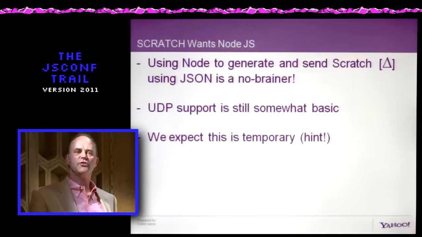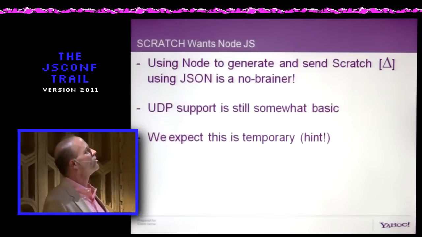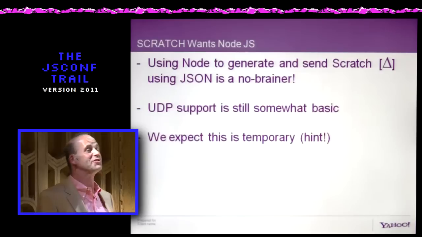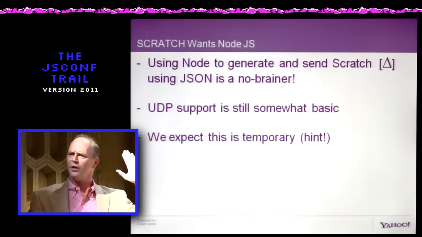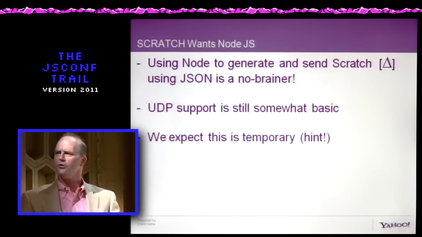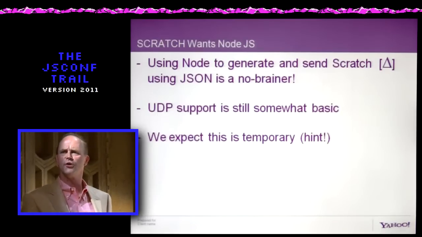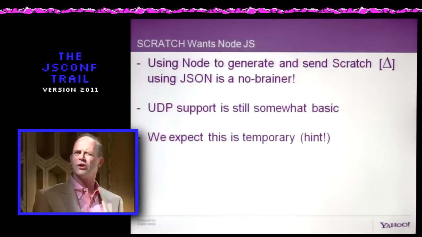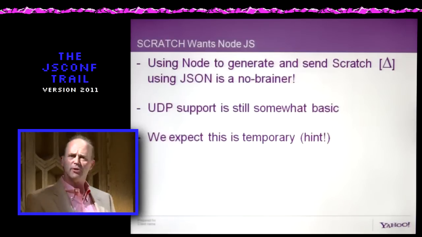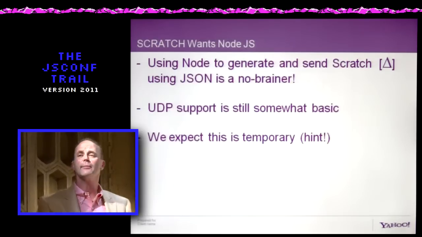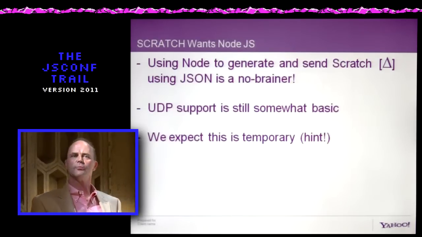Why can't we use the existing Node situation? Well, UDP support is still somewhat basic. I know that Paul Kerna had written a little UDP transport module for Node. He presented that at Node Camp, and it's very minimalist. There's a PCAP library. Isaac Schlueter pointed this out to me.